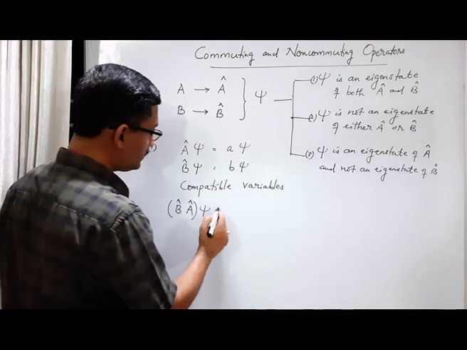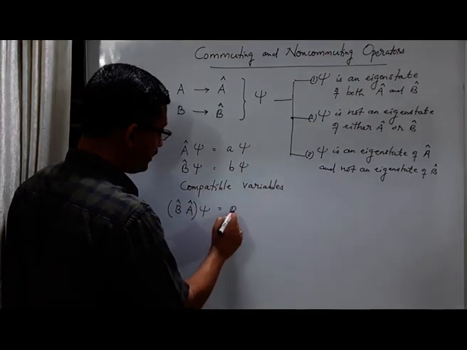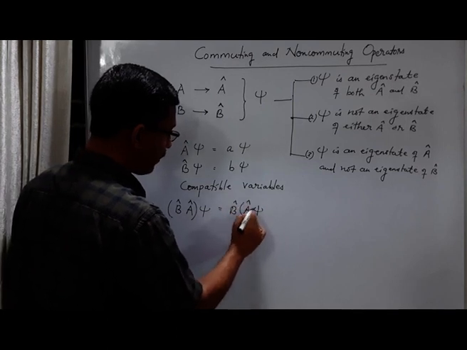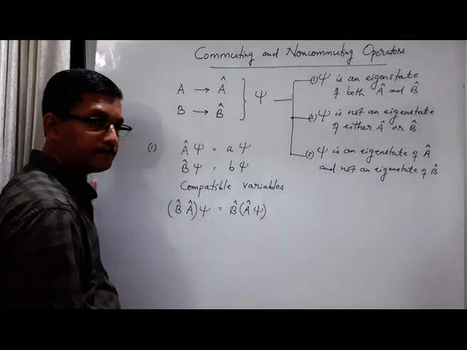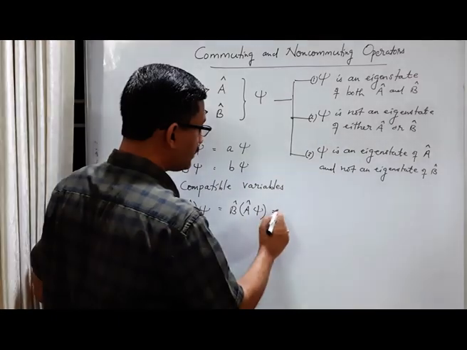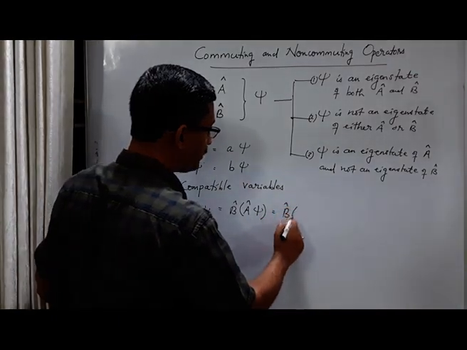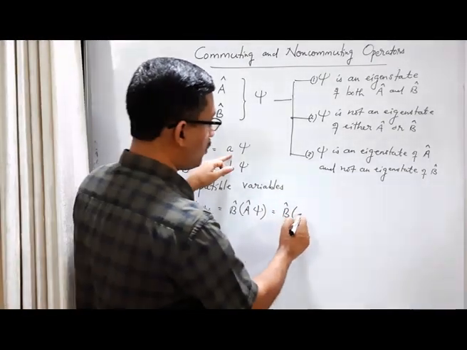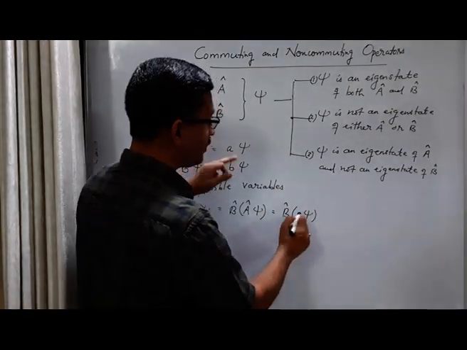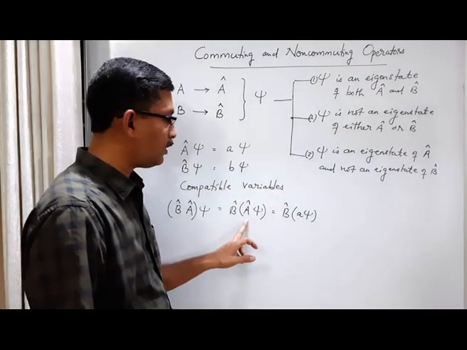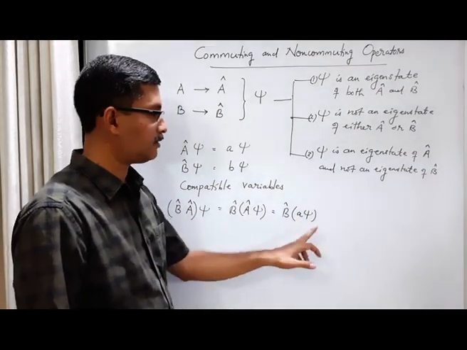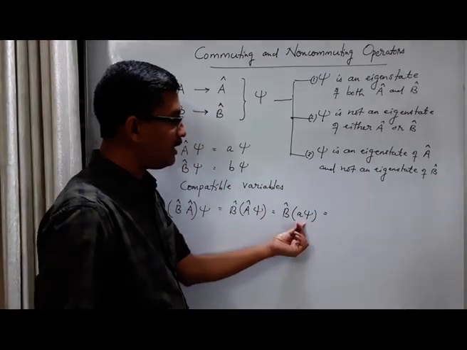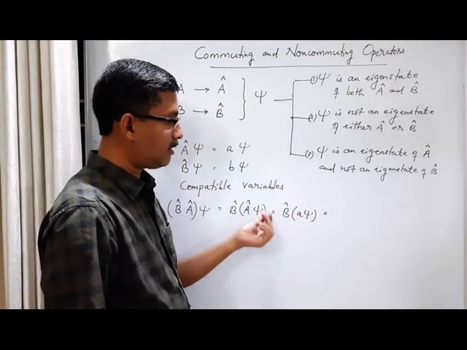So this is equal to B acting on A psi. But what is the result of A acting on psi? Psi is an eigenstate of A, so we get small a times psi, where small a is the eigenvalue of the operator A corresponding to the eigenstate psi. Now this eigenvalue is a scalar, so we can take it outside.